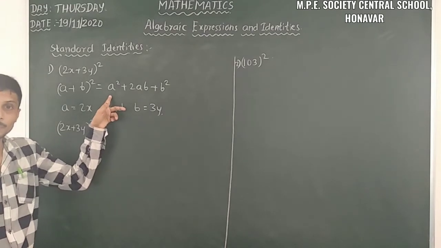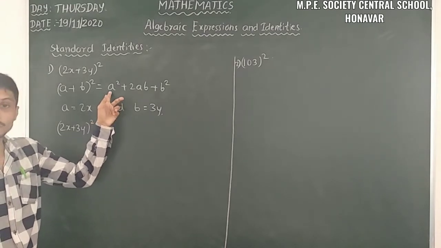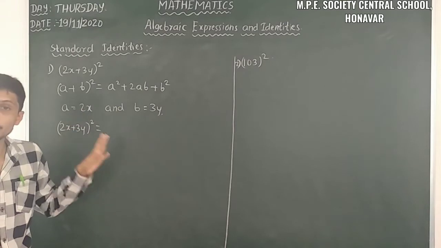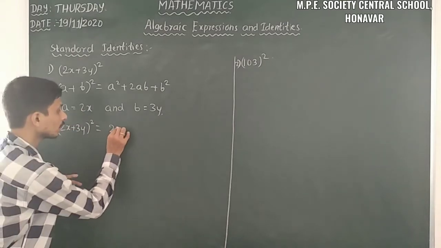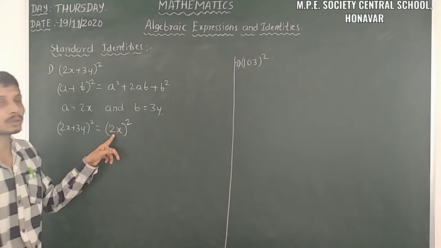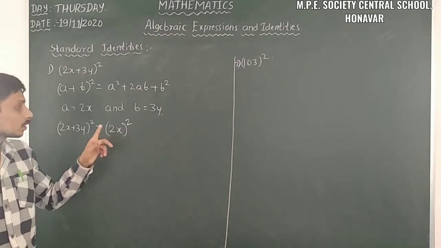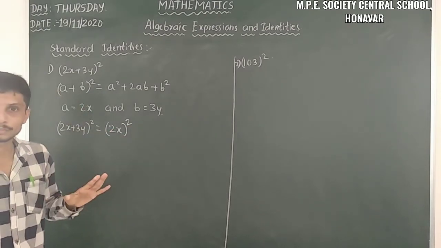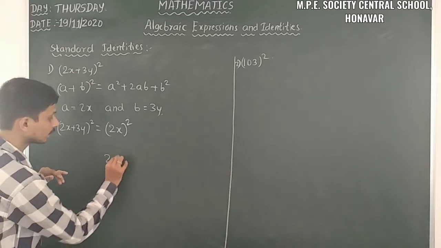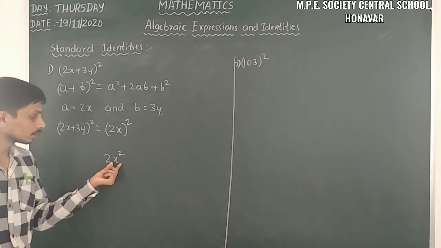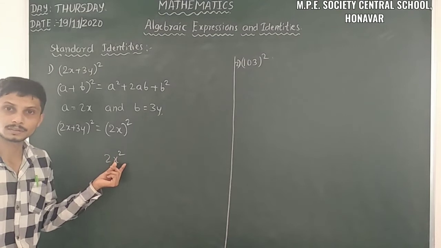We have to be careful here. In place of a you have to substitute 2x completely, so that is (2x) whole square. Don't write 2x square, it is wrong, because then the square belongs only to x.